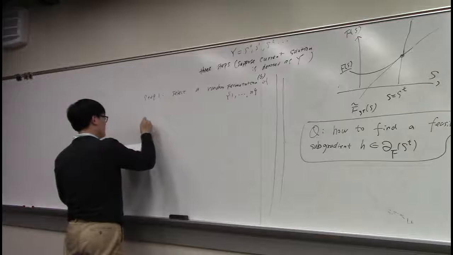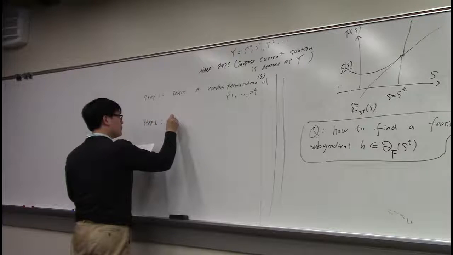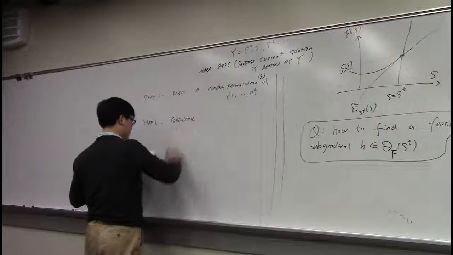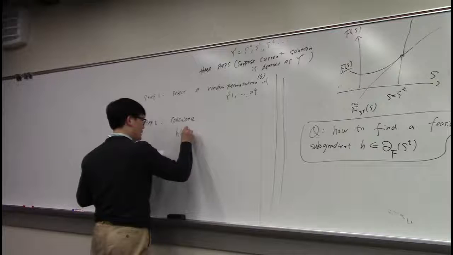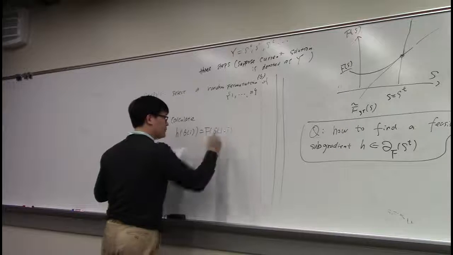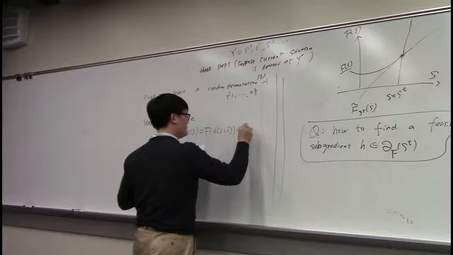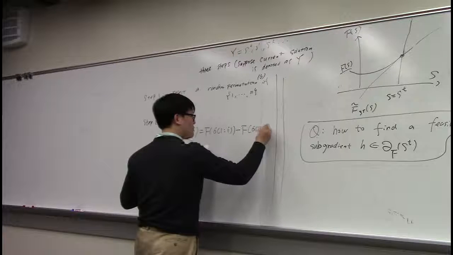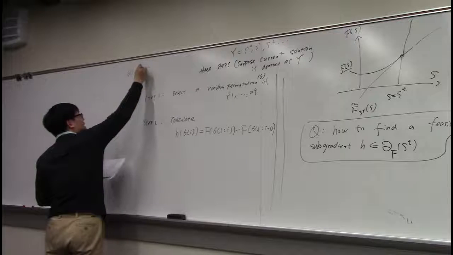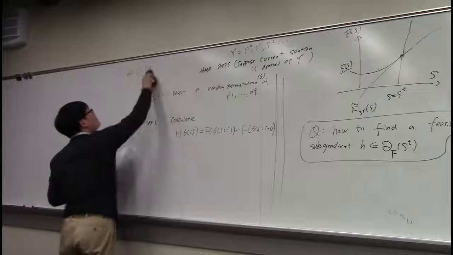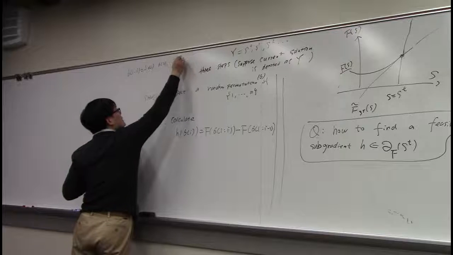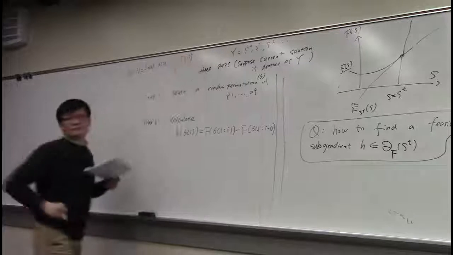Step 2, we calculate h_sigma(i) equal to f(sigma(1 to i)) minus f(sigma(1 to i-1)). And sigma(1 to i) is defined as sigma(1), sigma(2), up to sigma(i).